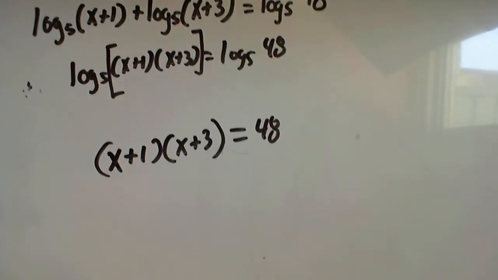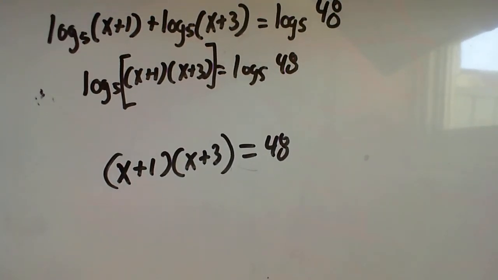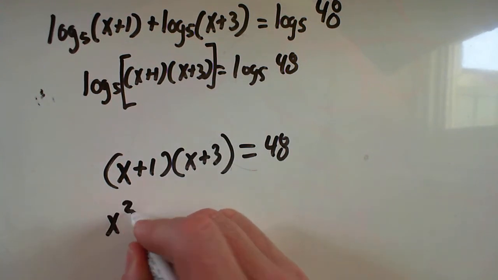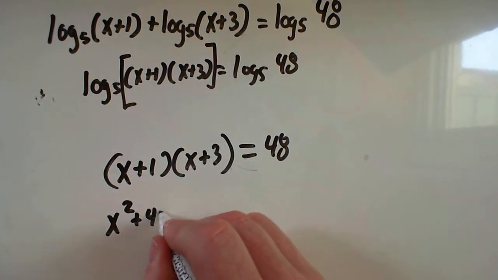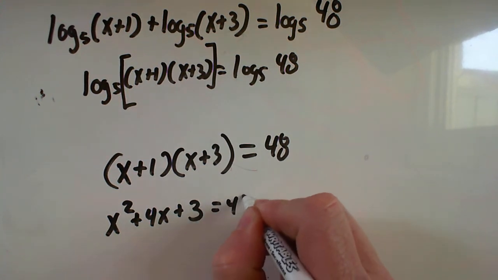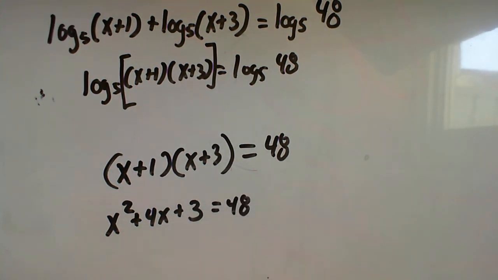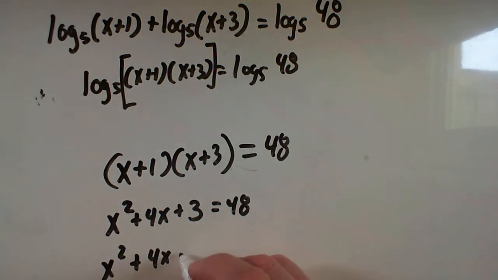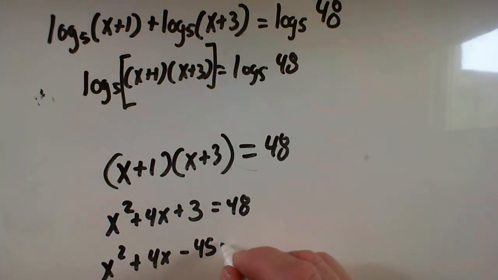We multiply the x plus 1 and the x plus 3. That gives us x squared plus 4x plus 3 equals 48. So x squared plus 4x minus 45 equals 0.